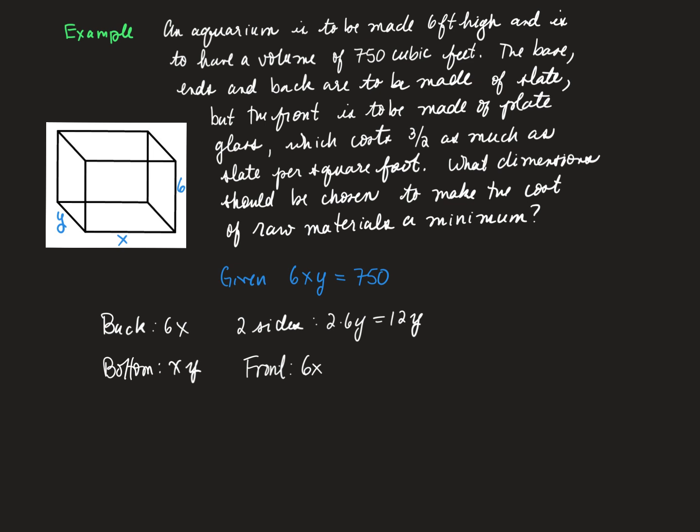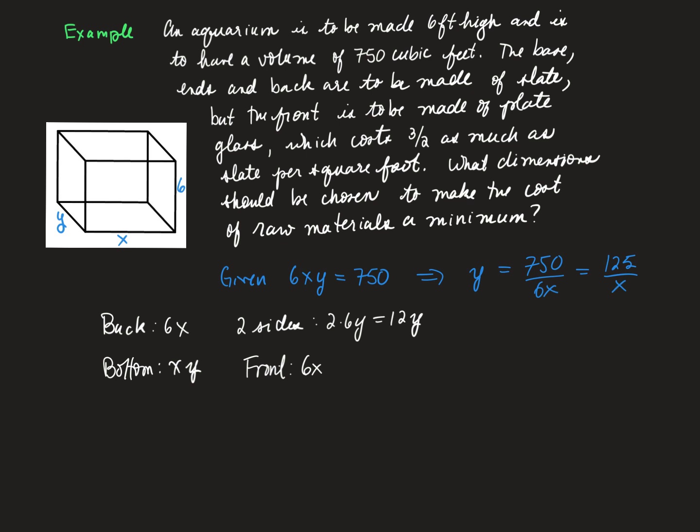Now I'm going to want a cost function, and I'm going to want it to be in terms of one variable. And right now I have two variables, I have x and I have y. But I know that 6xy is 750. So that tells me that actually y is 750 over 6x, which simplifies to 125 over x.